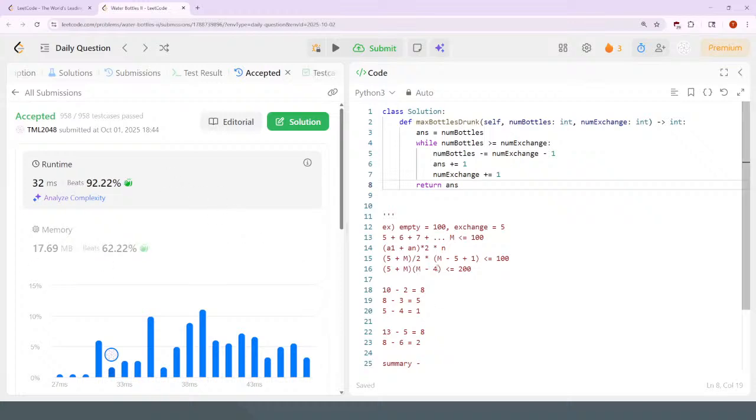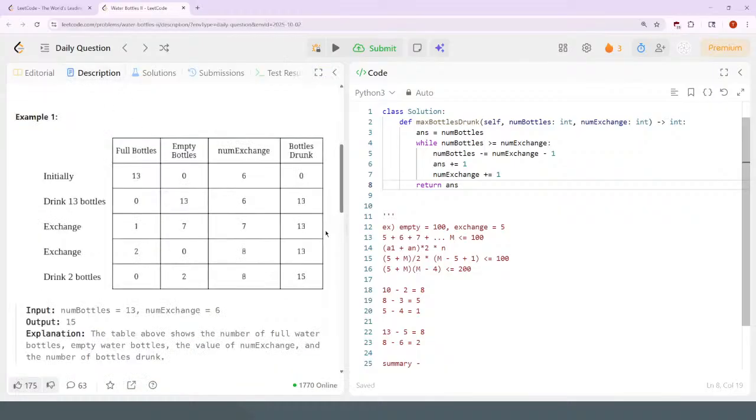Okay. So there's something slightly faster, maybe. Something slightly faster.